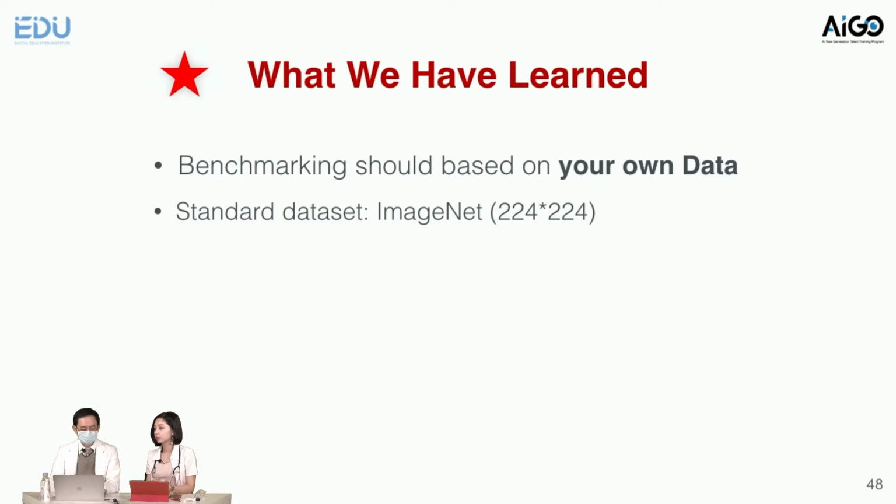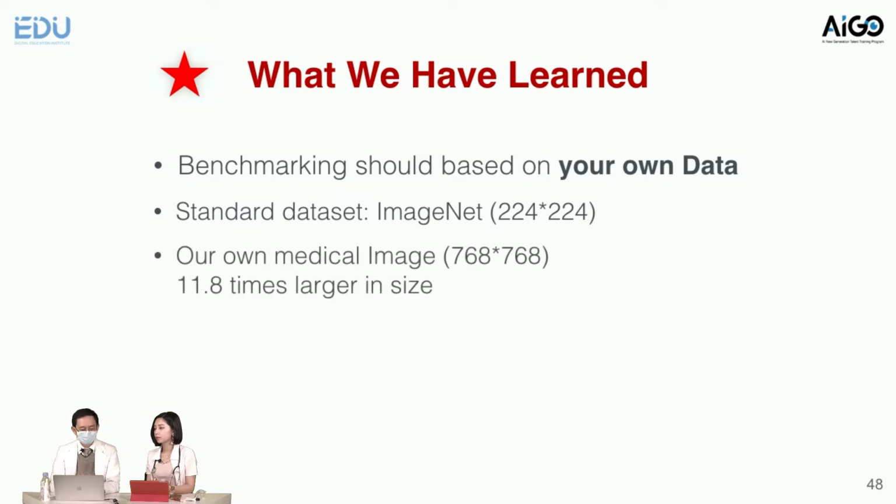But you should use your own data because, for example, our own medical image is 768 by 768. It is 11.8 times larger in size than the ImageNet. So there is so much difference between the ImageNet data and our own image data. So the performance and the bottleneck will obviously be different.